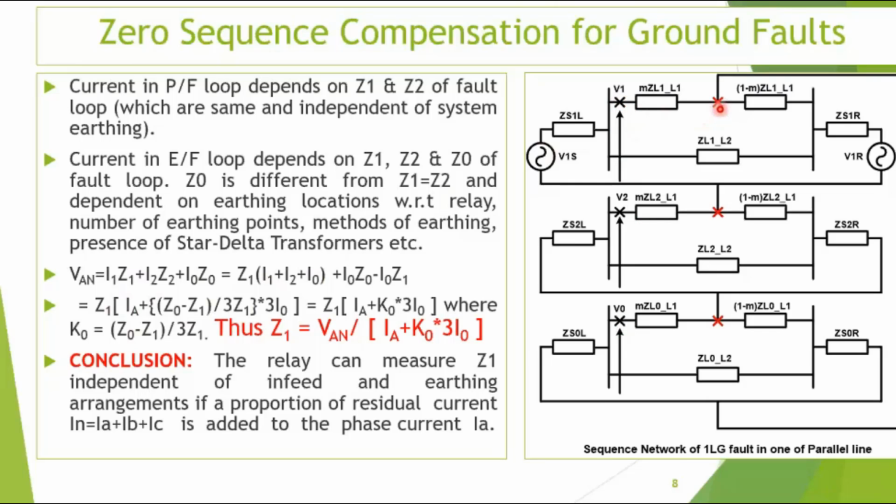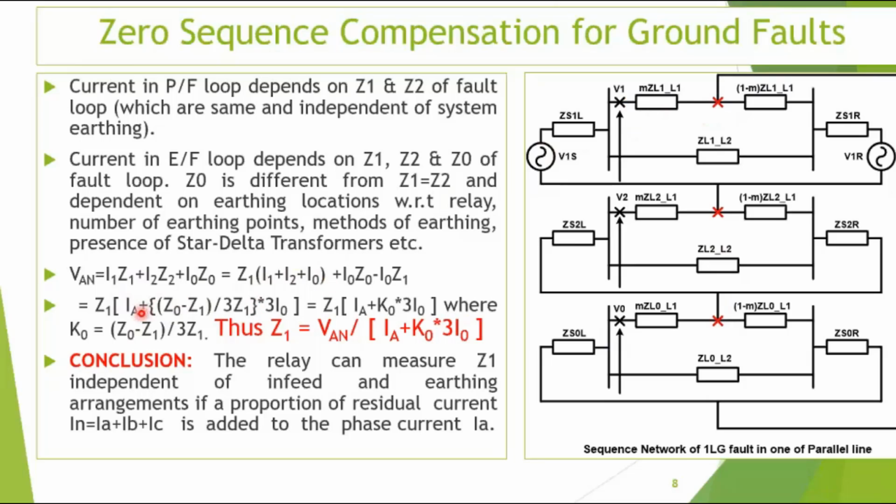If I1, I2, I0 are equal for a ground fault, this is applicable only at this point X, at the fault location only, not at any other points of the network. So I have not converted this into 3I0. I have written this one as IA, and this is the method. This is the treatment found in all the books. You will find it written like this only.